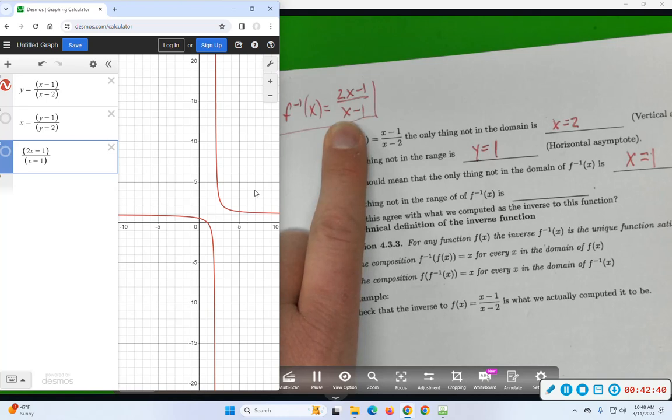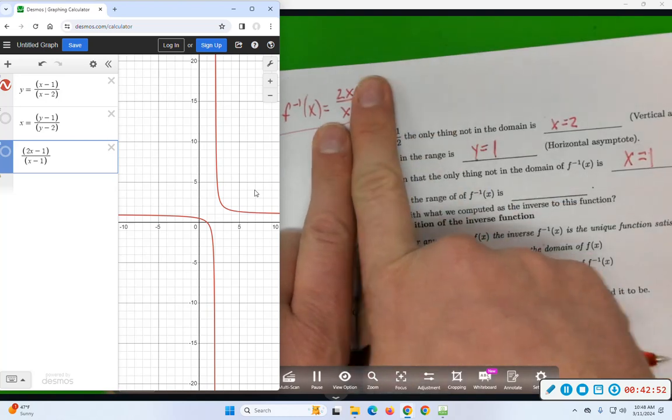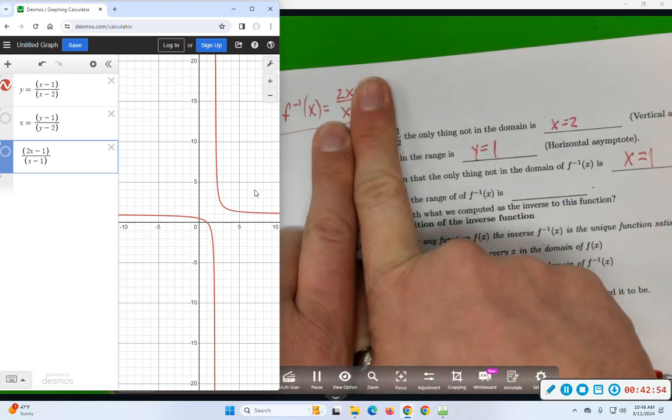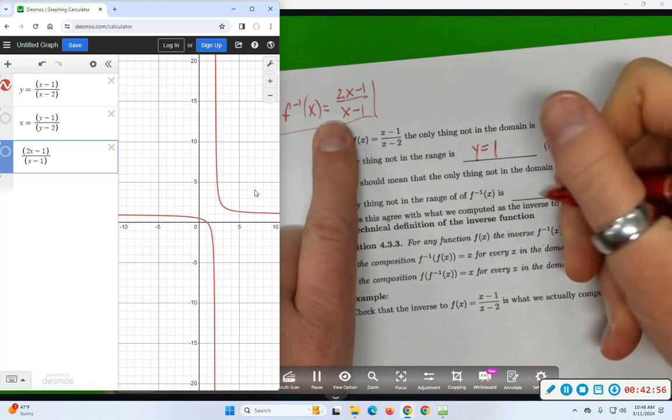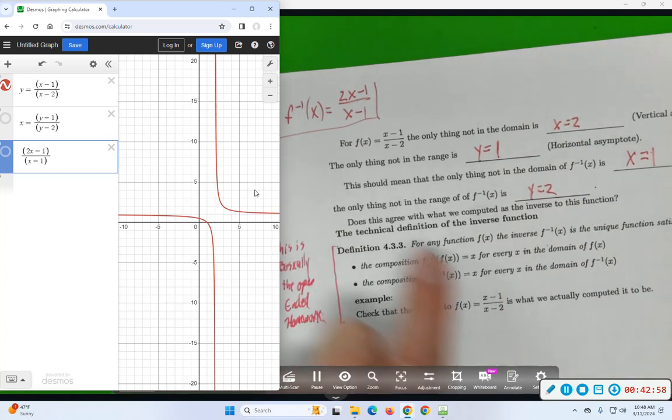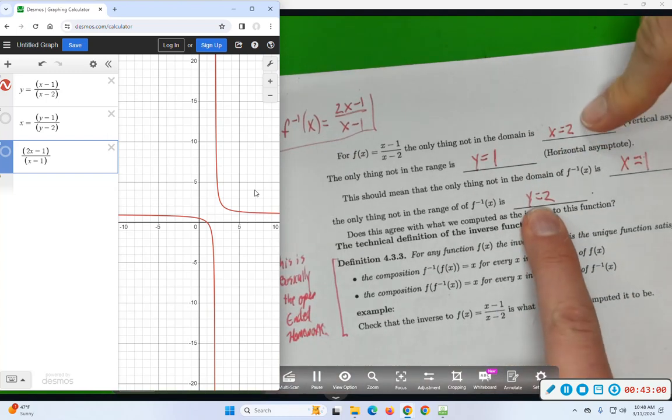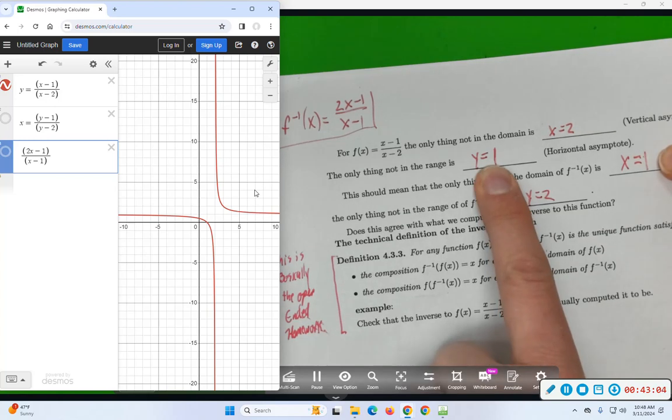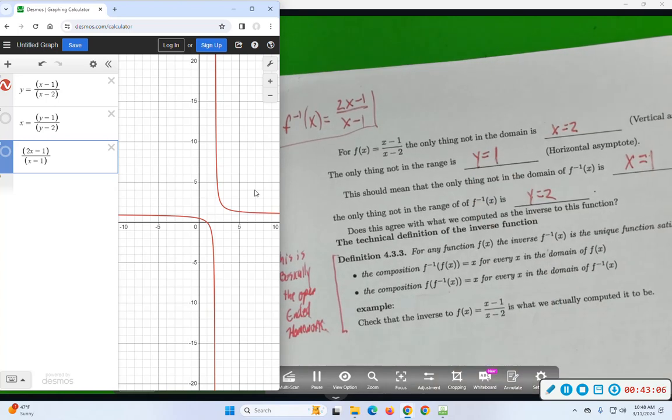Where's the horizontal asymptote of this thing? 2, right? They're both degree 1, so it has a horizontal asymptote. To get it, you just look at the leading terms, and you get 2. Oh, neat. So they just swapped. The thing not in the domain became the thing not in the range, and the thing not in the range became the thing not in the domain.